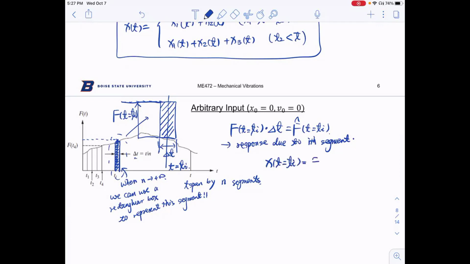It's just f hat times h, but because the time is delayed by ti, you also have to delay your h function by ti. Then you can plug your f hat back in: delta t times h(t minus ti). So that's the solution from the ith segment.